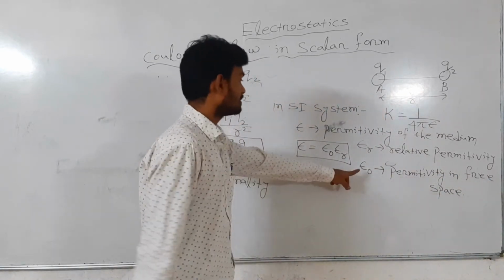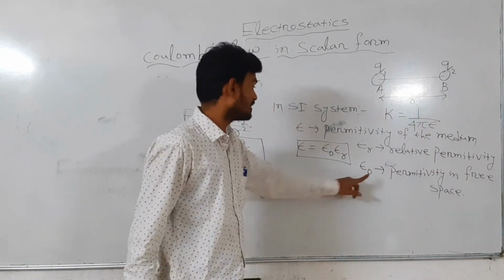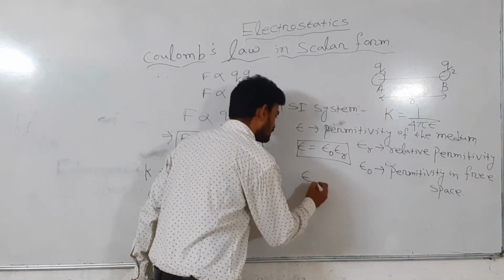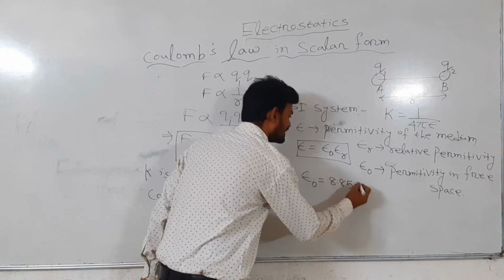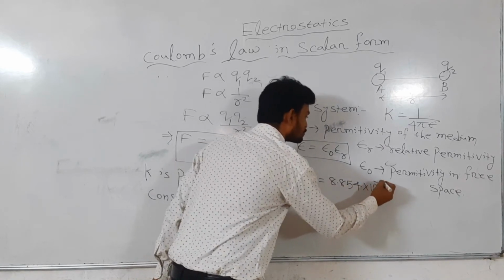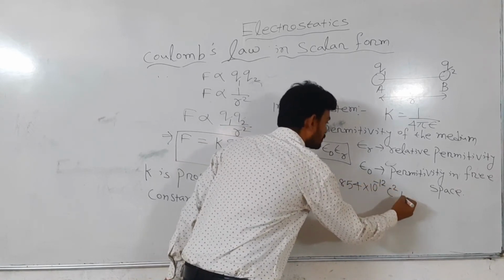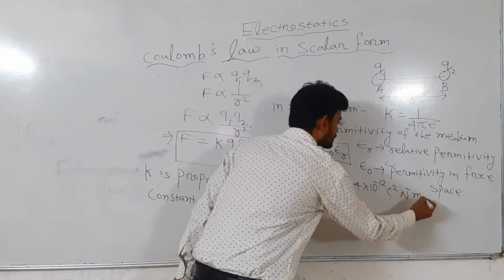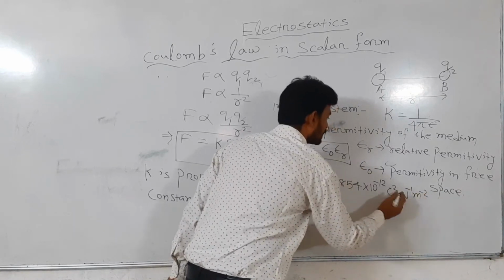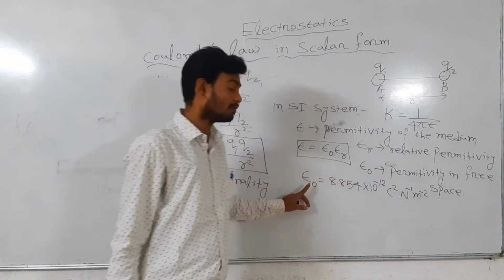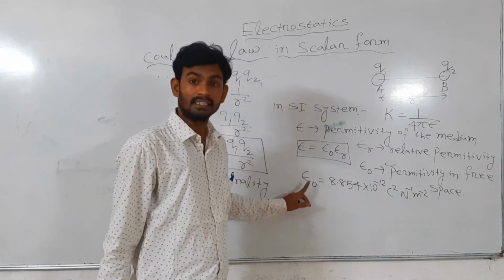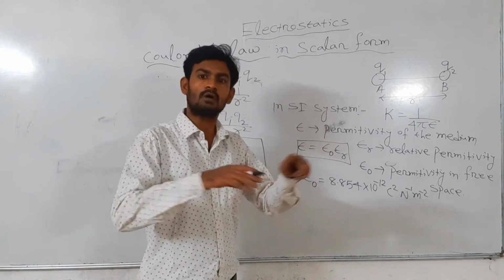The value of epsilon naught is 8.854 into 10 to the power minus 12 Coulomb square per Newton per meter square. This is the value of permittivity in free space or in air.